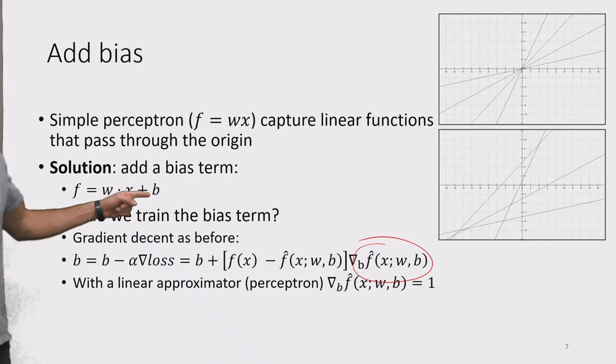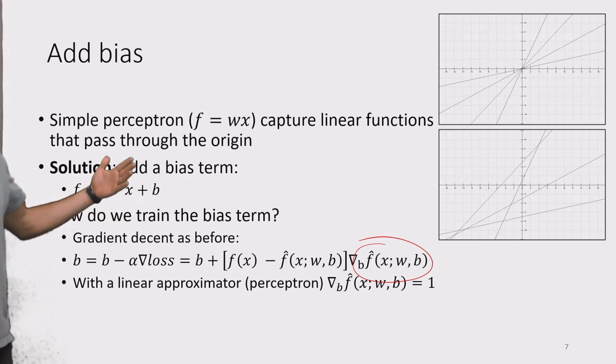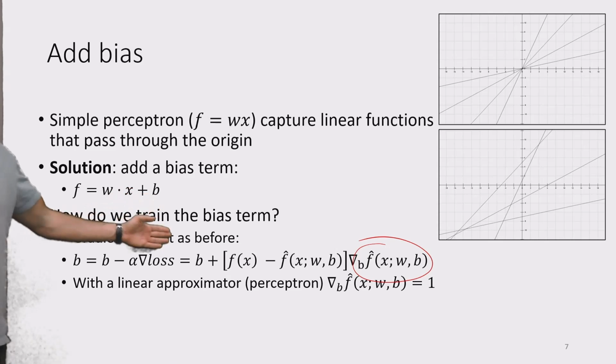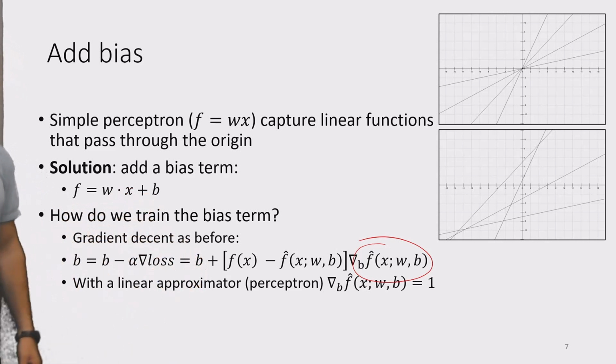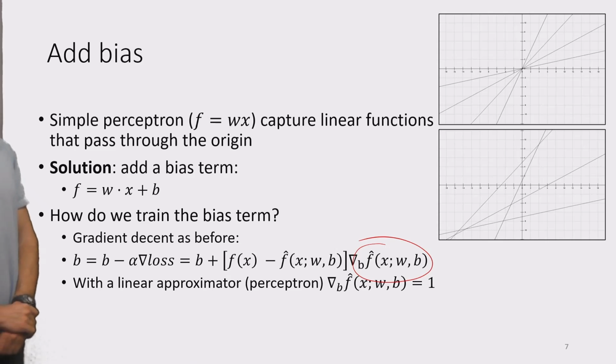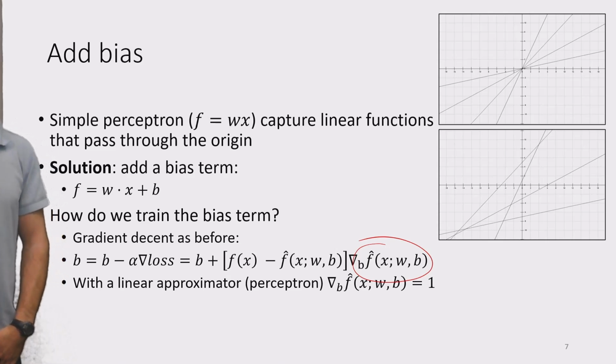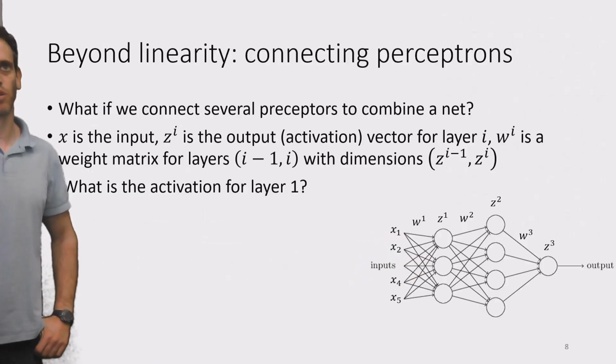So as a result, the gradient of our approximator with respect to b would be just 1. It's always 1. So indeed, it's very easy to compute the gradient of our loss function with respect to the bias parameter. Right, so this is a simple fix to push our linear approximator away from the origin.